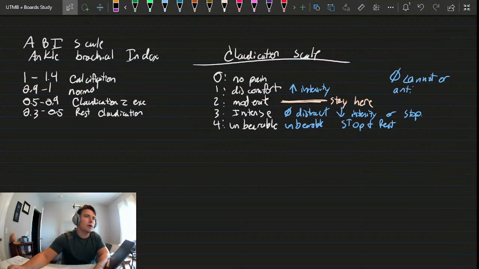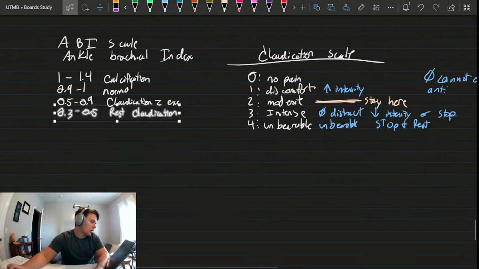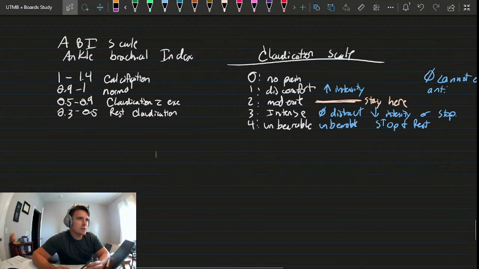Oh, here's the ABI. Look at that. So this is 0.2 to 0.5. One thing on the licensure exam, if I didn't say it before, they are very good at knowing that there's differences in references. They're not going to give you a 0.2 or a 0.3 and have you decide between critical and severe.